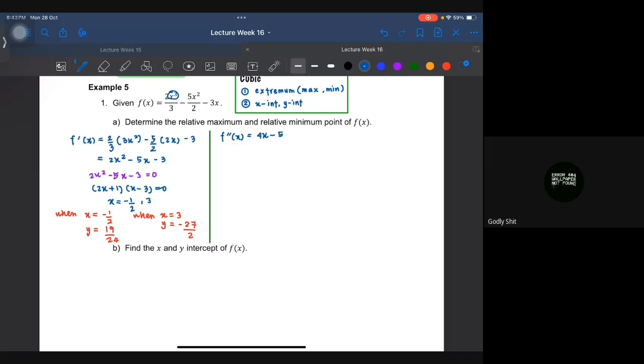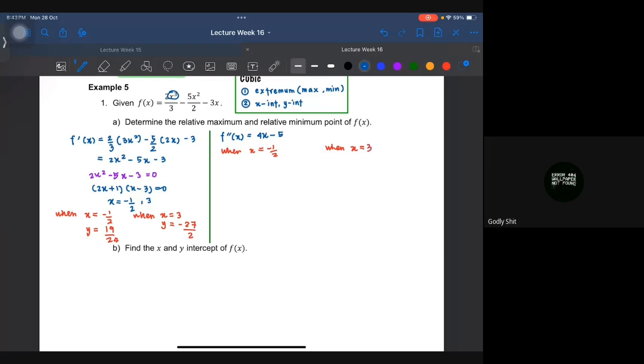Okay, settle. So let's test our value of x. So when x is equal to negative 1 over 2. Okay, and then next one awak akan ada when x is equal to 3. Dekat situ.